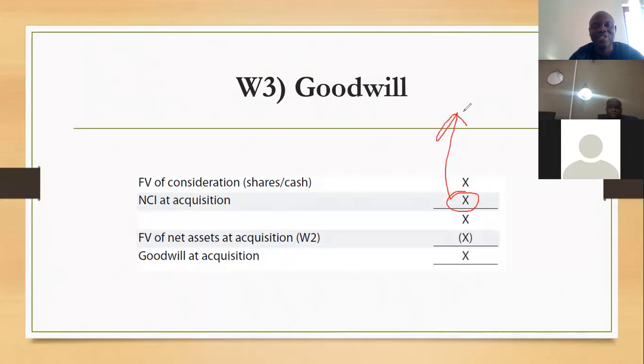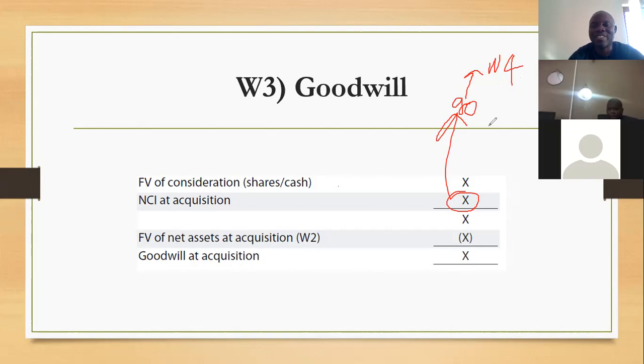It will go to working 4 as NCI at acquisition.